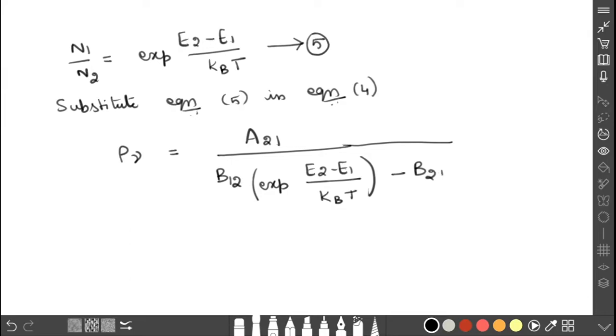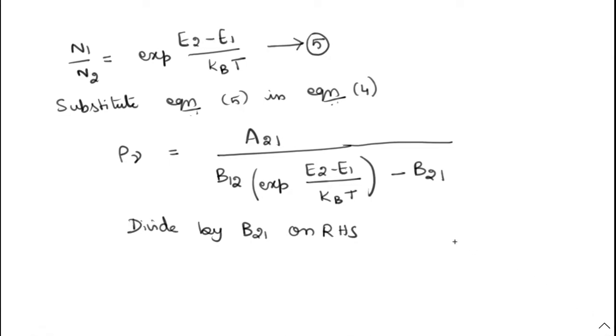Okay, in the place of N1 by N2 I substituted this value, right? So the next step I am just going to divide by B21 on the RHS. Only on the RHS, the same way I did by N2, I am going to do for this also.